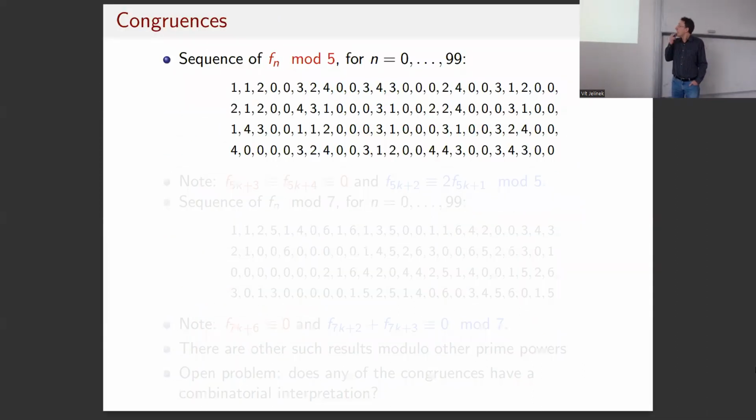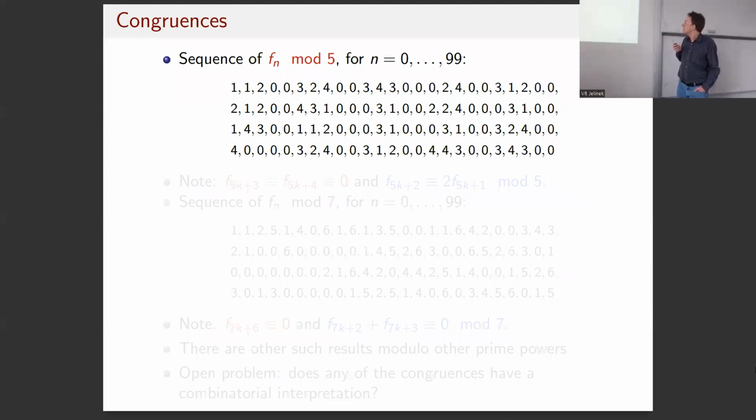And another interesting aspect of Fishburn numbers that I'd like to mention is their congruence properties. So up here, what you see are the first 100 Fishburn numbers taken modulo 5. Notice anything interesting about this sequence of numbers?